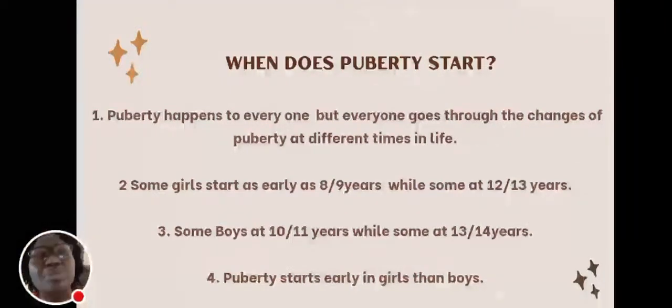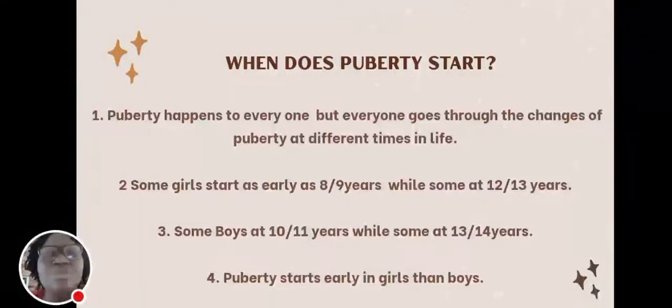I remember when I was in, I think, class one now, all my mates, I could see that they were developing breasts, and I wasn't having any. I was worried, you understand? But there was nobody I could open up to, because when I was growing up, there were no teachings like this, and there was nobody I could ask. So I was just worried within myself: why are all my mates growing breasts and mine isn't coming out?